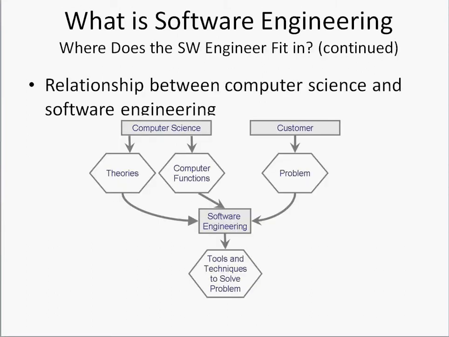And this picture right here does a pretty good job of depicting that. You see here, computer science is focused on theories, and the engineer is focused on tools and techniques to solve a problem. And typically, the software engineer bridges the gap between a customer's problem and theories.